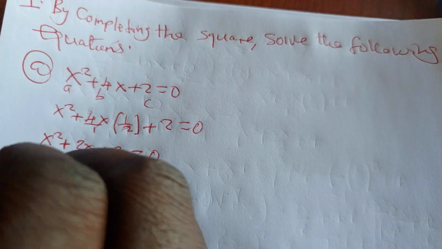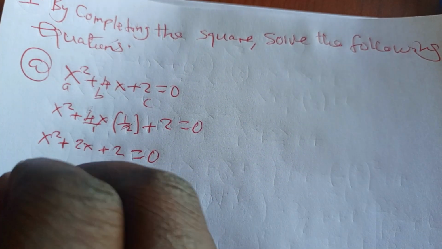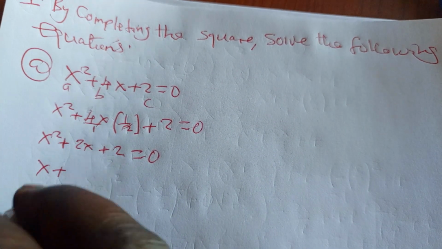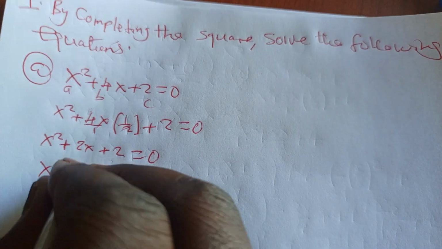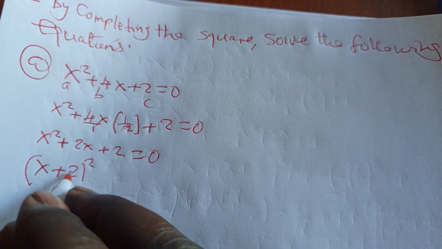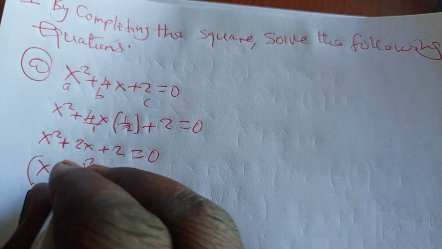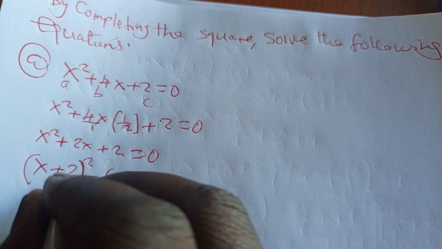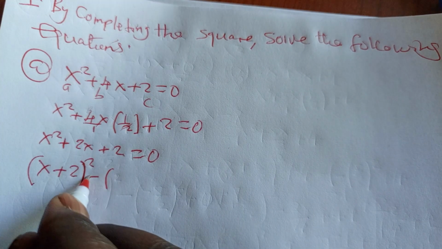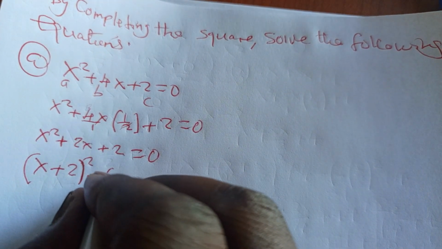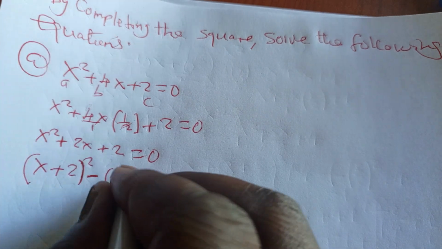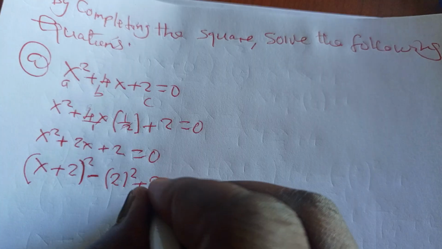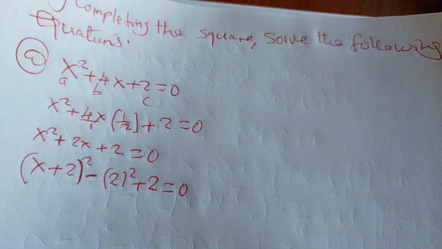So I'll complete the square by saying x plus, so as you can see, we have x squared here, so the x is reducing, so we remain with just 2, then square. So this number will come out because I'm completing the square, so even if it's possible negative, this minus appears here, then minus 2 to the power 2, then plus the 2 is equal to 0.